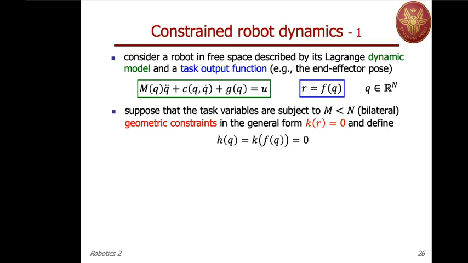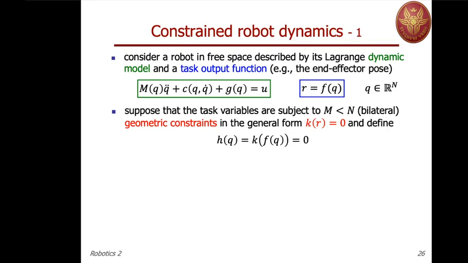So this is really, I would say, covering many instances of interaction. The most common one is at the end effector level, where r will be the end effector position or pose, depending on the space we are living in.